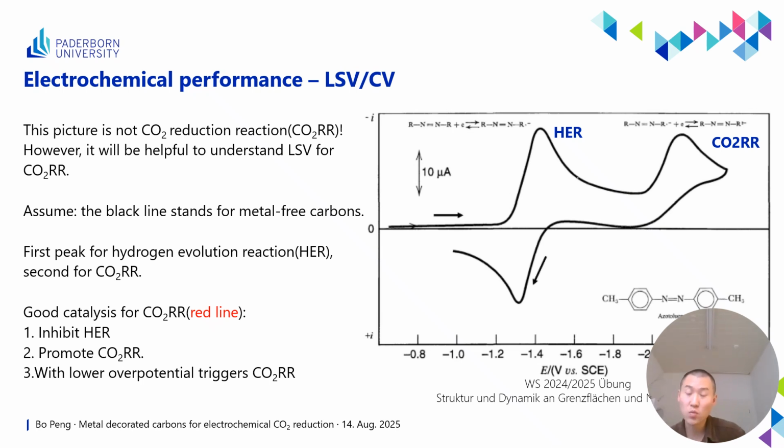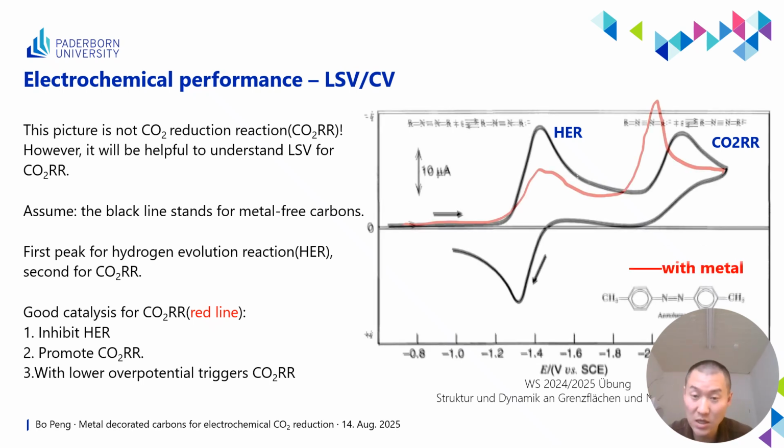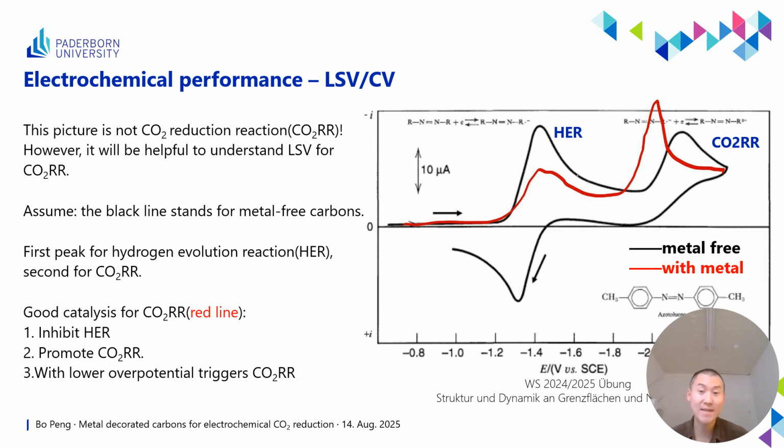Then we want to promote our CO2 reduction reaction, so the second peak should be higher. Third, with lower overpotential triggers the CO2 reduction reaction, so this peak will shift to the lower overpotential. It will look like this, the red line. This peak is not for the CO2 reduction reaction, but it will be very helpful.